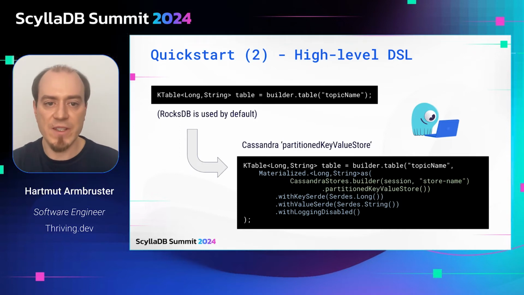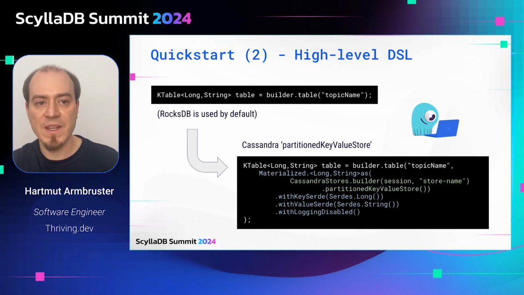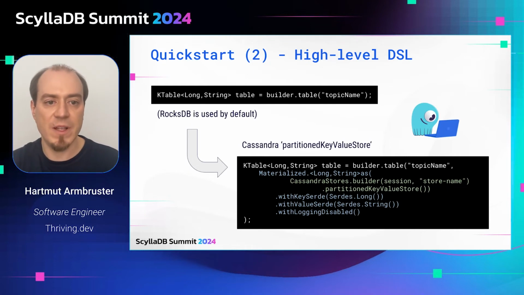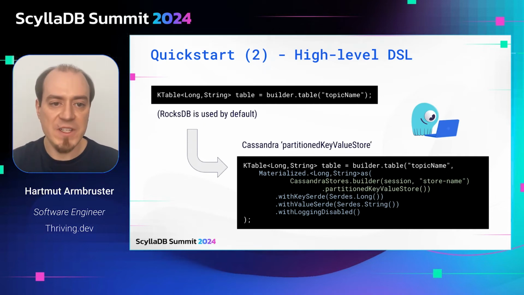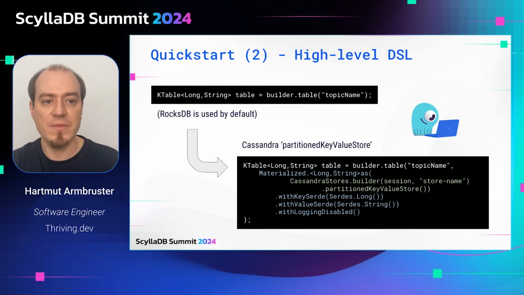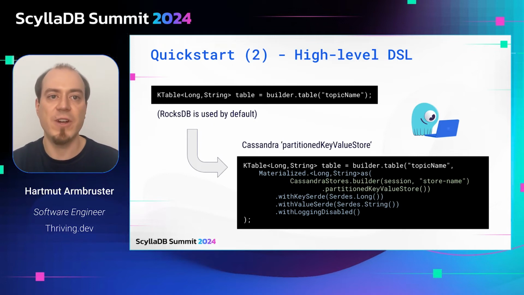We pass in the CQL session, the store name, and we choose our state store type. In this example, it's a partition key value store. Some details, please check the docs. One of them is that it's recommended to disable logging, which means there will be no changelog topic created and backfilled.